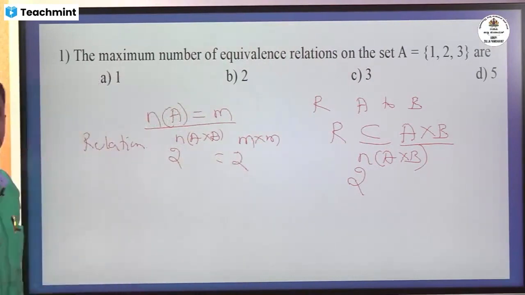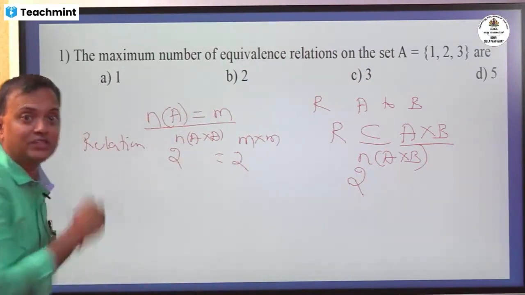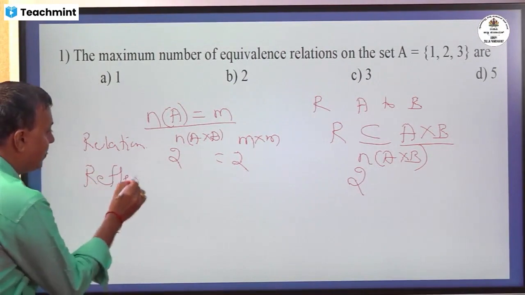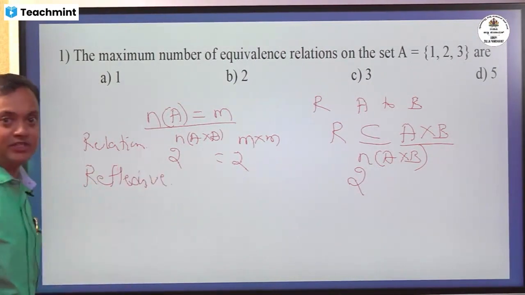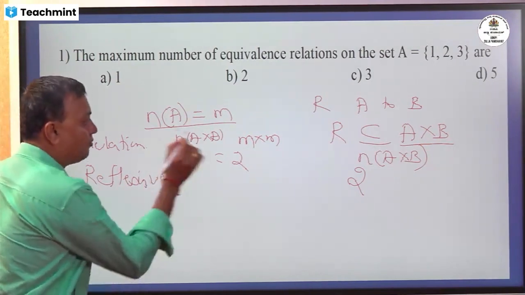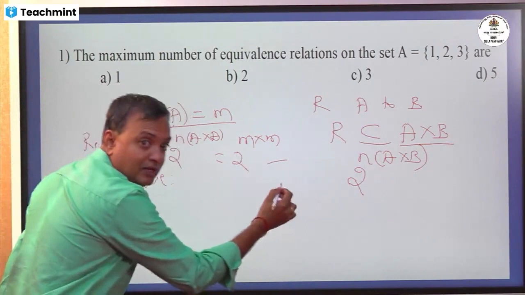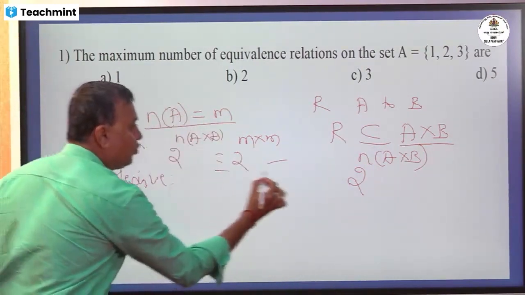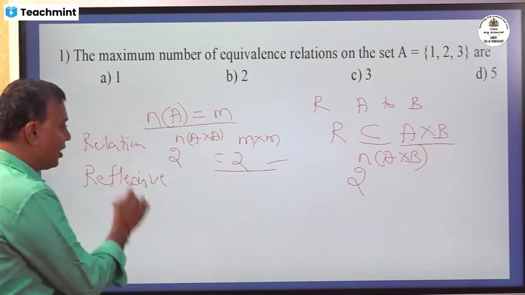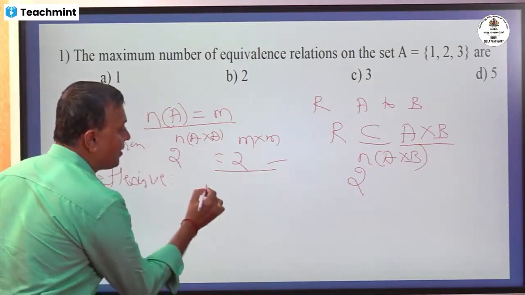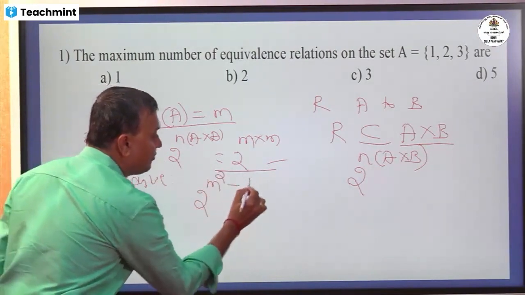Among these, how many are reflexive relations? For CET, memorize this result. The number of relations is 2 to the power m square. Among these, the number of reflexive relations is 2 to the power m square minus m.